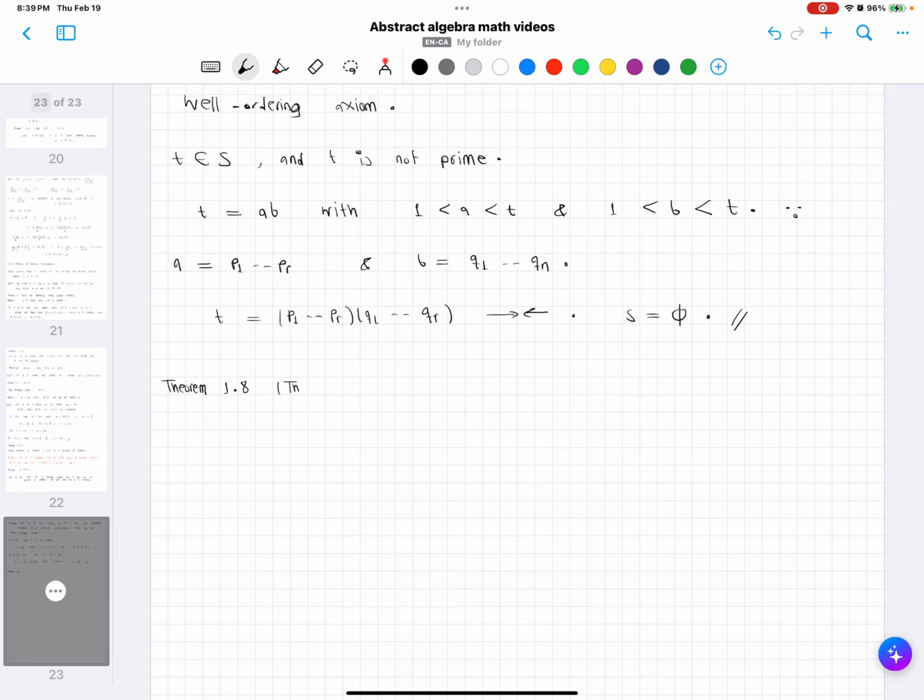So the fundamental theorem of arithmetic.